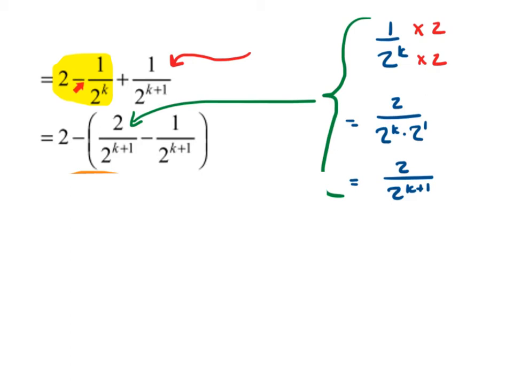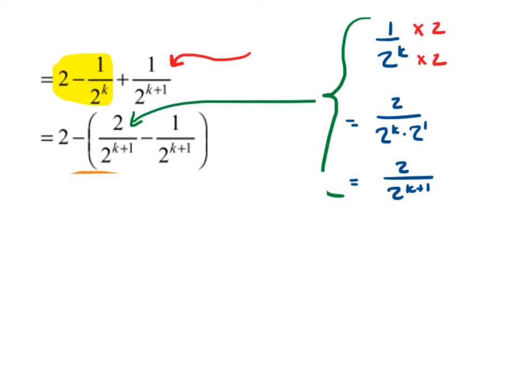Then we had a minus here and we didn't have a minus there. So if we want to factorize out that minus, we can take the minus from here outside the bracket, but then we need to also make this a minus, because if we're going backwards, minus times 2 over 2 to the power of k plus 1 is minus 1 over 2 to the power of k from here. And then minus times a minus gives a plus.